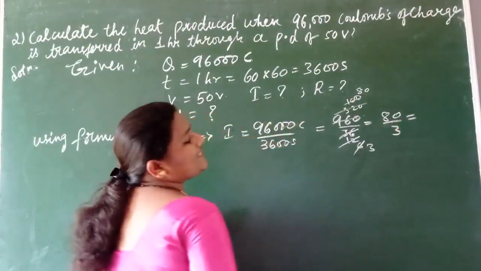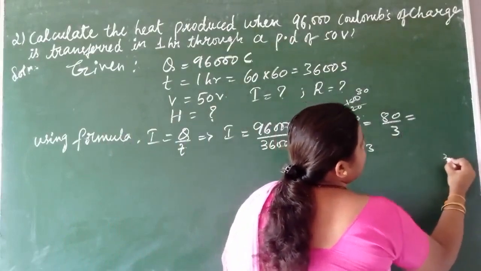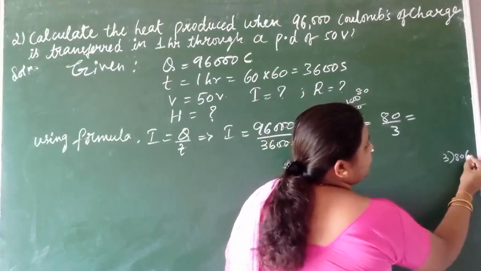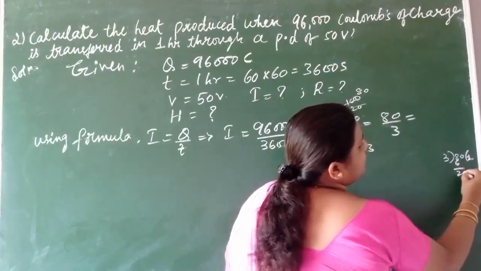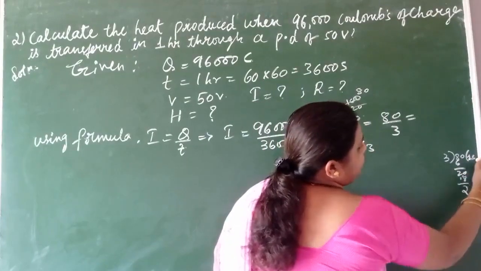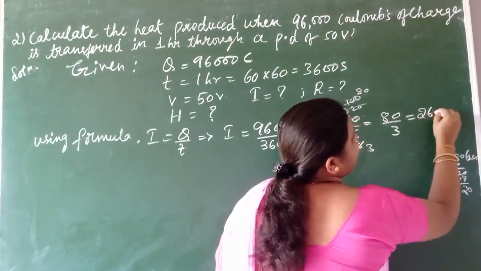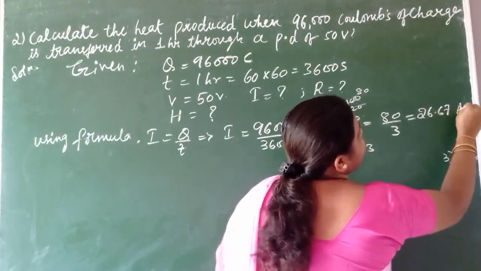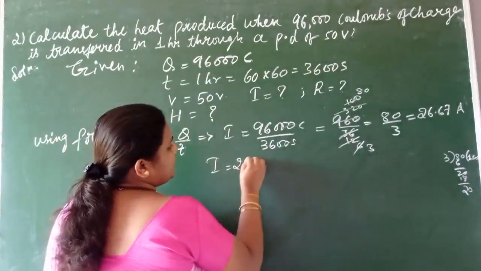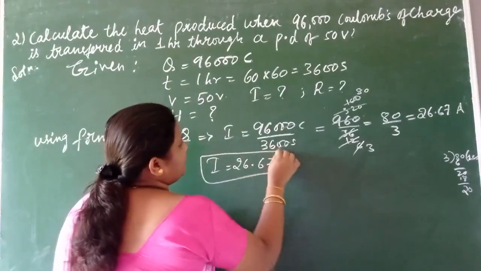Upon dividing 80 by 3, 3 twos are 6, 2 has left, and if we keep the decimal point, we get 26.67 amperes. That is the current value, children. What is the I value? 26.67 amperes. Got it, children?